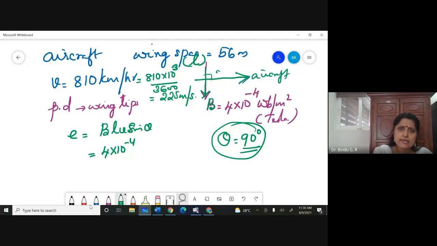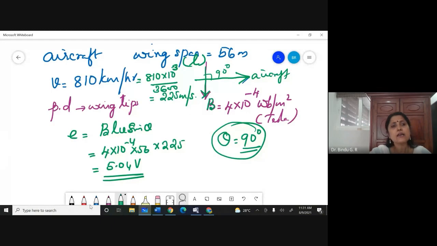So the 90 degree component itself has been given. B is 4 into 10 raised to minus 4. L, the wingspan, is given as 56. It is moving with a velocity of 225 into sine 90, that is 1. So you are getting 5.04. This is the dynamically induced EMF in the aircraft.